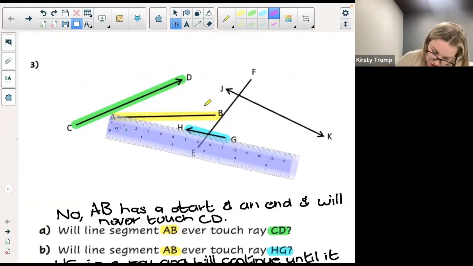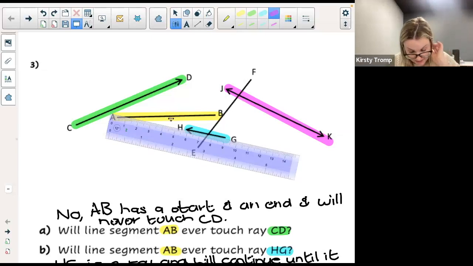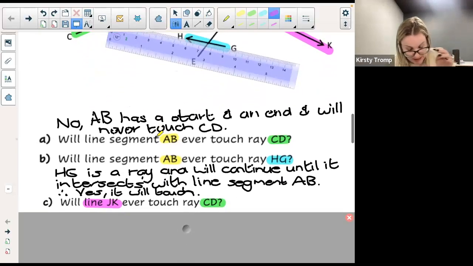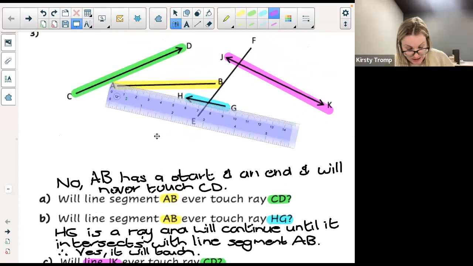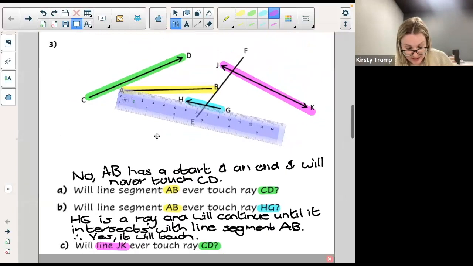Okay, let's go find line JK. Here is our line JK. The question asked us, will line JK ever touch ray CD, guys?